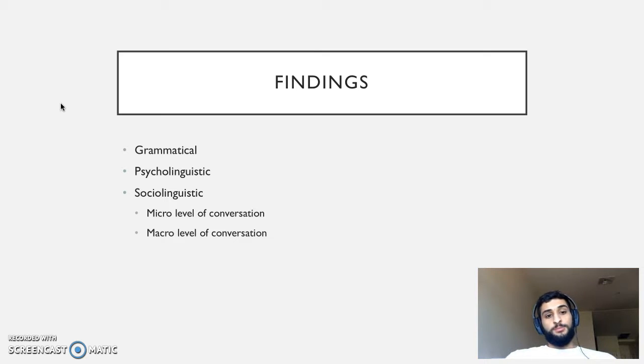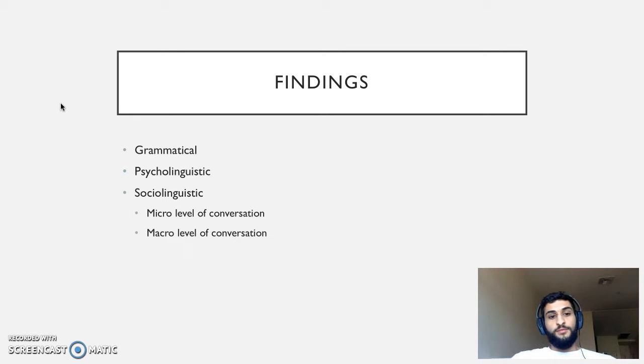Finally, the sociolinguistic perspective analyzes the micro level of conversation and the macro level of conversation. The micro level of conversation is basically how a person would interact within a smaller speech community and talk to close relatives or friends. So it's just your natural way of speaking.